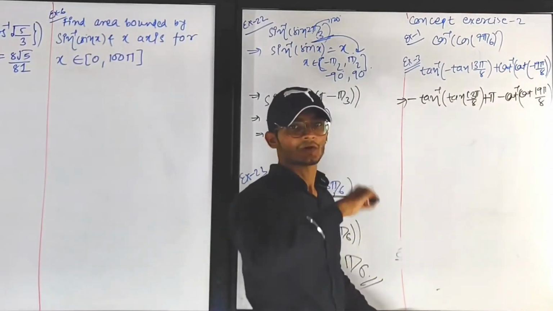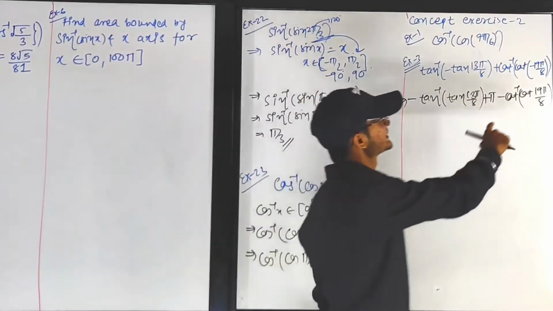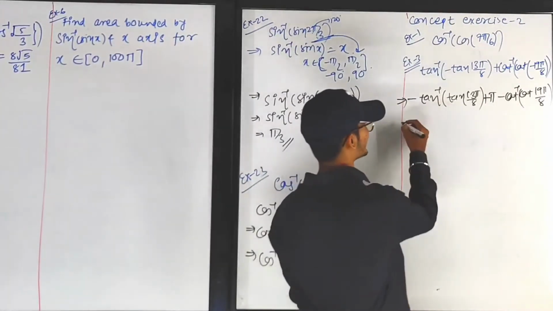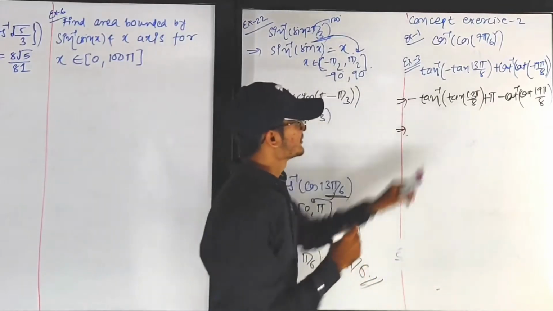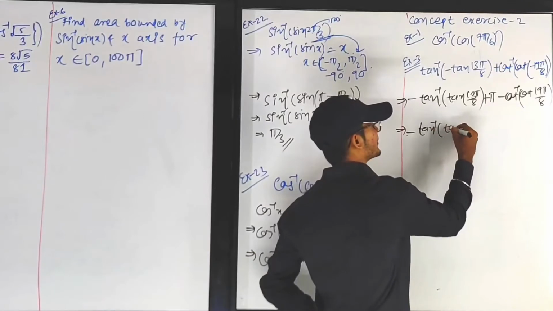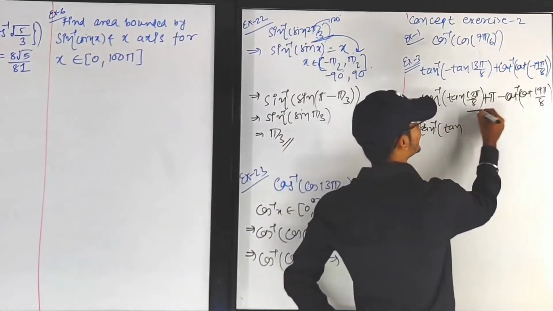Then cot inverse of something minus means we have to write pi minus cot inverse of cot 19 pi by 8. Now here, minus tan inverse tan of 13 pi by 8.